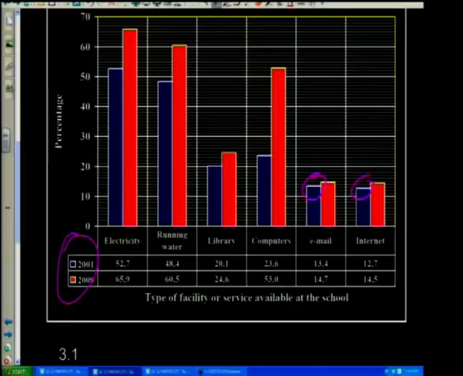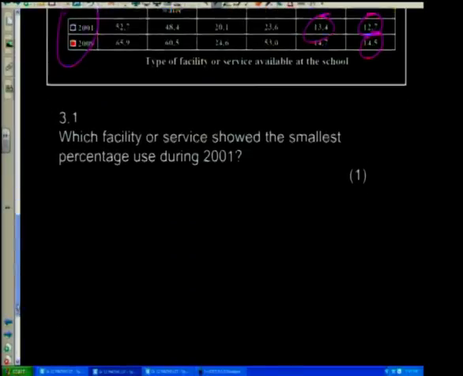But when I look at it very carefully, I can see internet is slightly lower than email. In fact, internet is 12.7% in 2001, where in 2009 it is 14.5%. We're dealing with 2001, that's silly of me. And email is 13.4%. So my internet is the lowest usage.